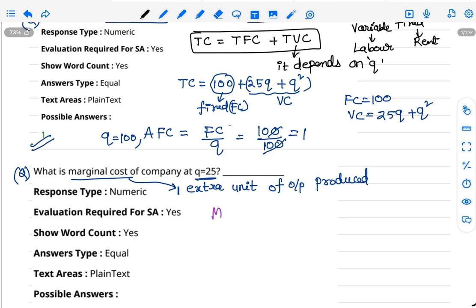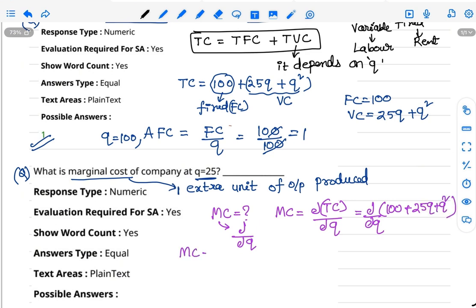They are asking for the marginal cost. The formula for marginal cost is always partial differentiation with respect to Q. So marginal cost equals the partial differentiation of total cost TC with respect to Q, that equals dou by dou Q of 100 plus 25Q plus Q square.